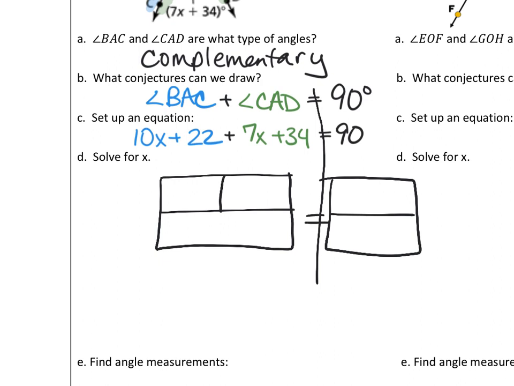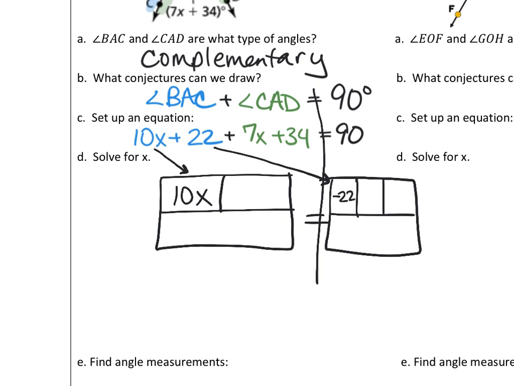How many terms do not have x? 1, 2, 3. On all sides, there's 3. Okay, we drag and drop things where they go. 10x is going to drag and drop here to the first box. Do I need to change its sign? No. 22 is going to go all the way over here. Do I have to change its sign? Yes. How come that one had to change the sign?